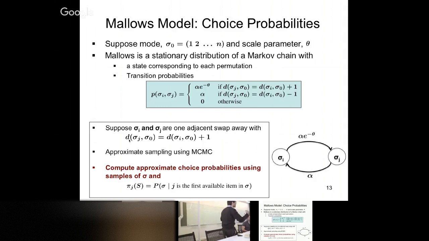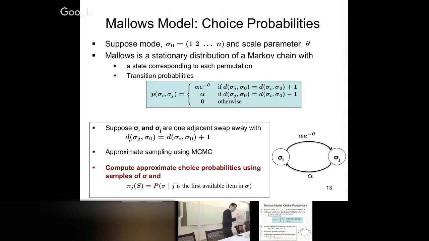So for some products, this probability can be exponentially small, but they still may be important because their revenue, their price may be double exponential. So this can lead to many samples to get to that exponentially small probability. So it would be nice to get an alternate algorithm which is more efficient than MCMC to compute these choice probabilities.